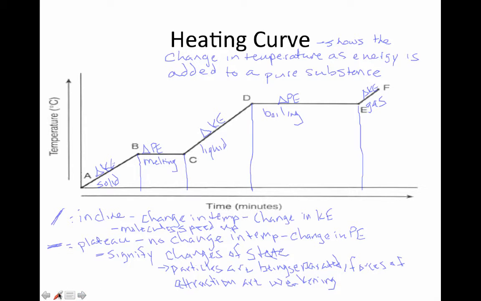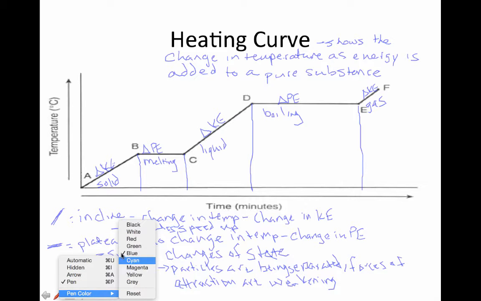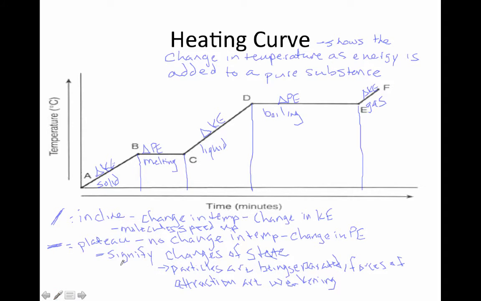And there's some other key pieces of information that we need to know on our heating curve. So this point right here, point B, when the state of matter starts going from a solid to a liquid, that is called the melting point.